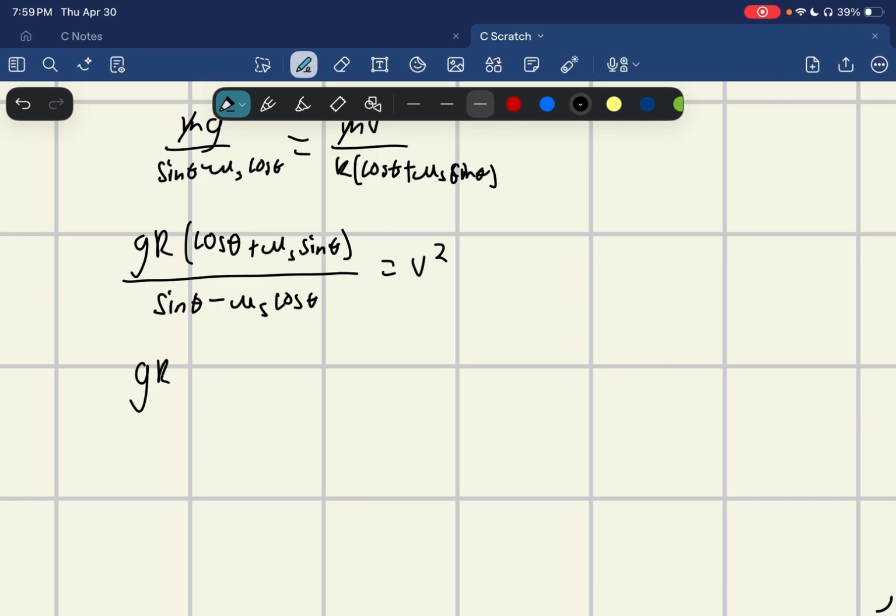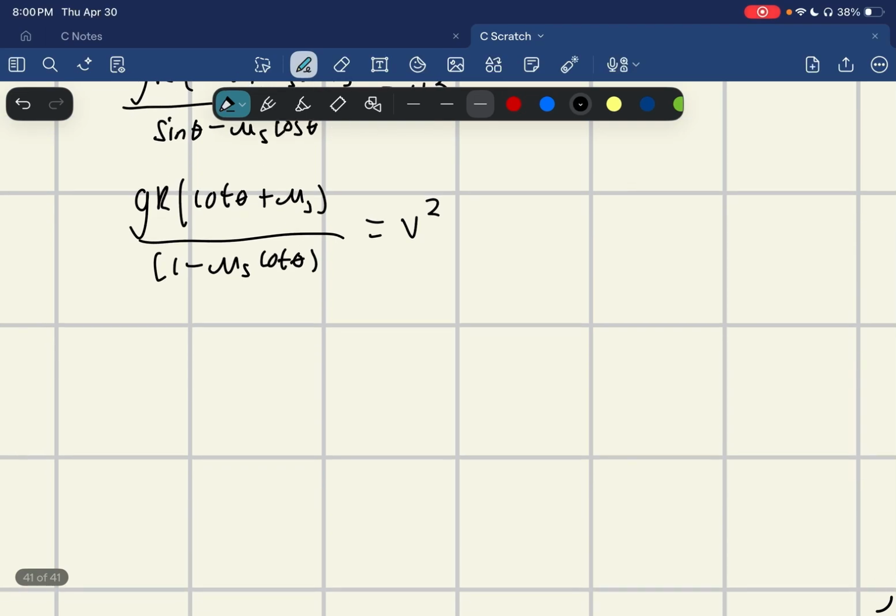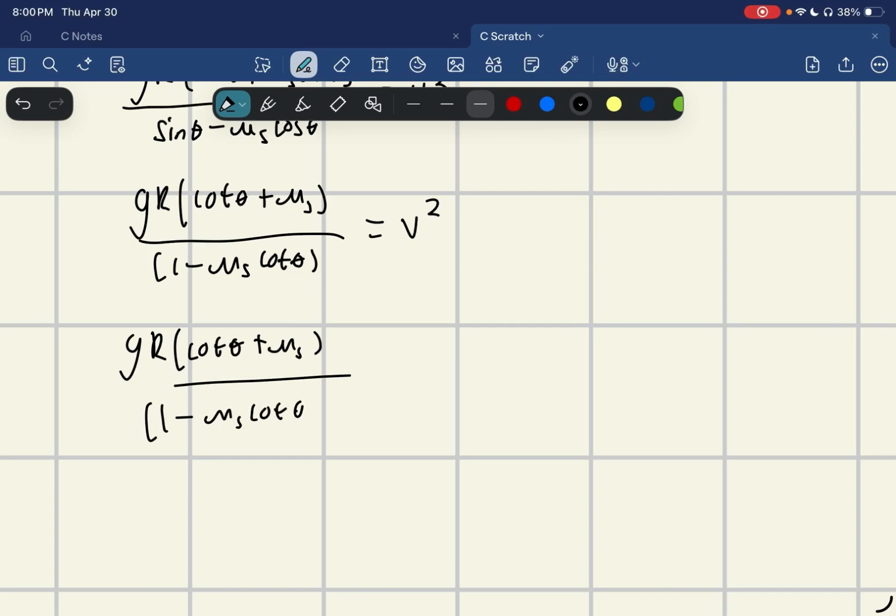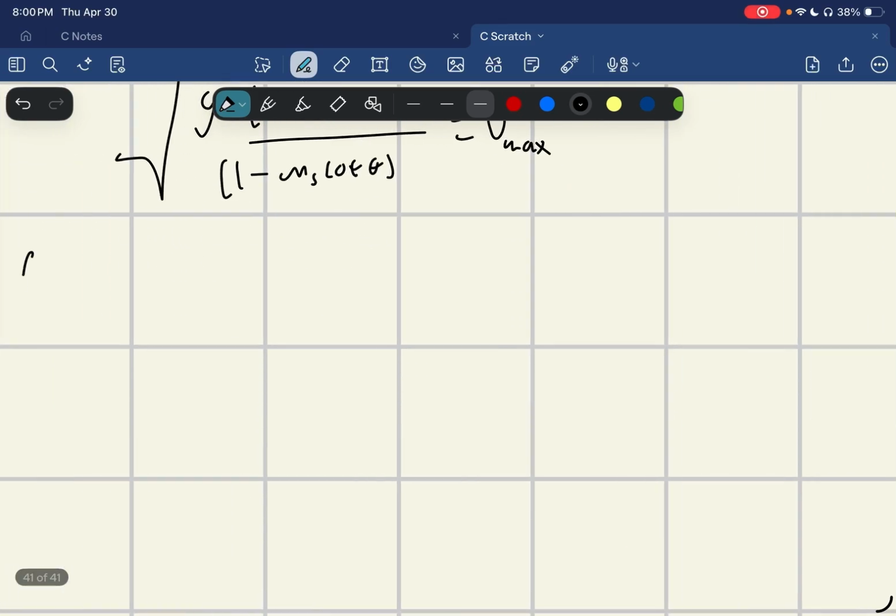So it'd be gr times cotangent theta plus mu s, because cosine theta over sine theta is cotangent theta, all over 1 minus mu s cotangent theta, is equal to v squared. And then to isolate for v max, you just square root. So the square root of gr times cotangent theta plus mu s all over 1 minus mu s cotangent theta is equal to v max.